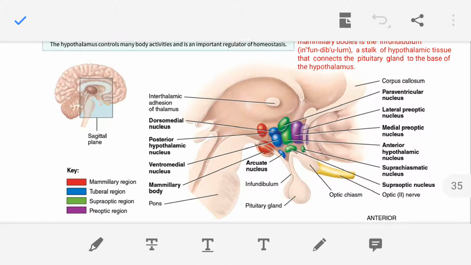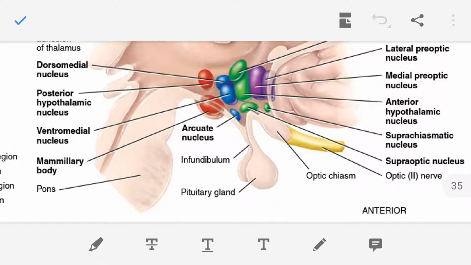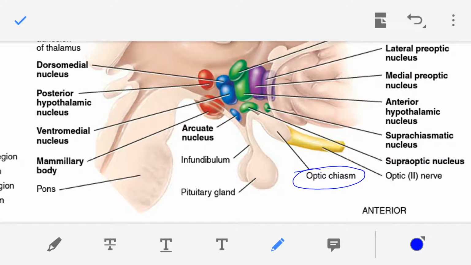In the figure here you see this one, the optic chiasma. And here the mammillary body, they are showing this one is the mammillary body.